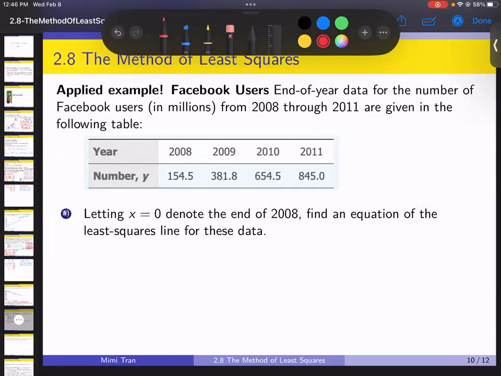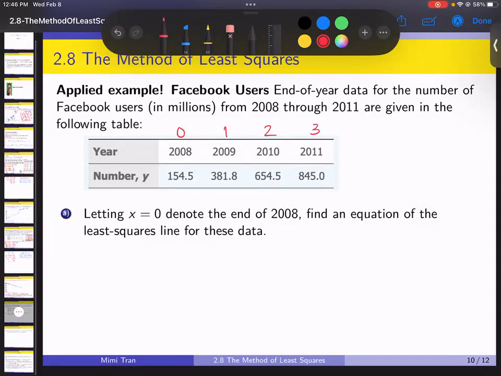All right, let's do this one. X is equal to 0 for 2018. So here's 0, 1, 2, and 3. This is our last problem. You know, I'm kind of lazy, so I'm going to do this.